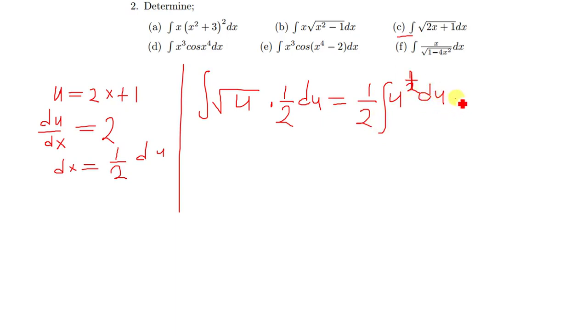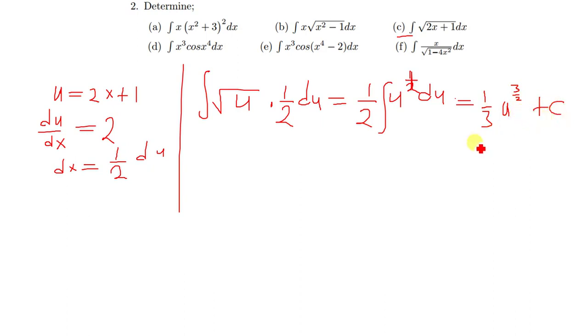So when you integrate this, you're going to get 1 over 3, and then this will give you u raised to power 3 over 2, then plus c.